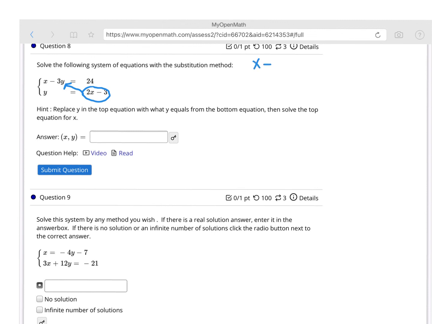x minus, and then we have 3 times 2x minus 3 is equal to 24. So I have to take this -3 and I distribute that. So I have -3 times a positive 2x, so that'll be x minus 6x.